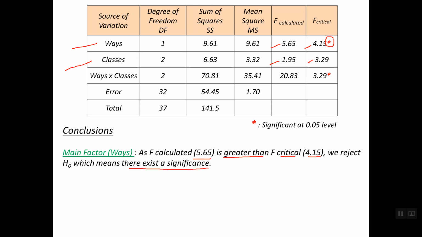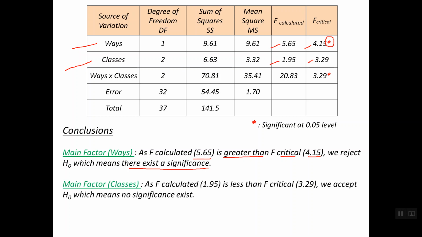So the calculated is less than the critical, so we don't have any significance. This is the value of the calculated, and this is for the critical one. So we accept the null hypothesis, which means no significance exists in this factor.